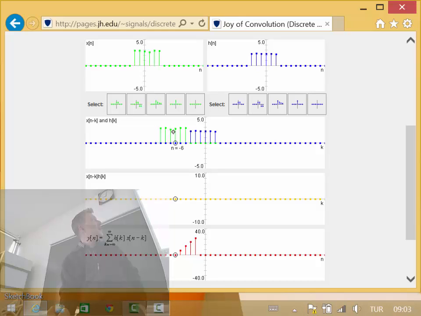But after -5, they start overlapping, and you see an impulse, which corresponds to the multiplication of the two impulse magnitudes that overlap there. Then we will have two impulses overlapping, then 3, 4, 5, and 6 impulses, which is the maximum amount of overlap. They totally overlap here, because the sizes I have drawn for the two figures are the same.